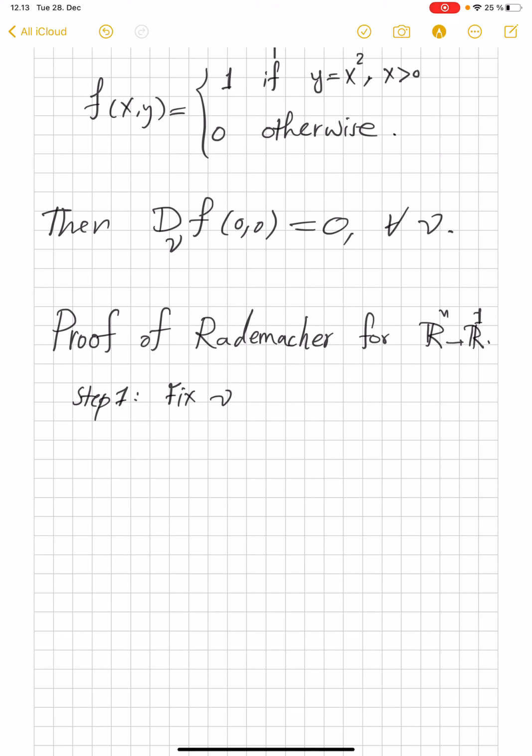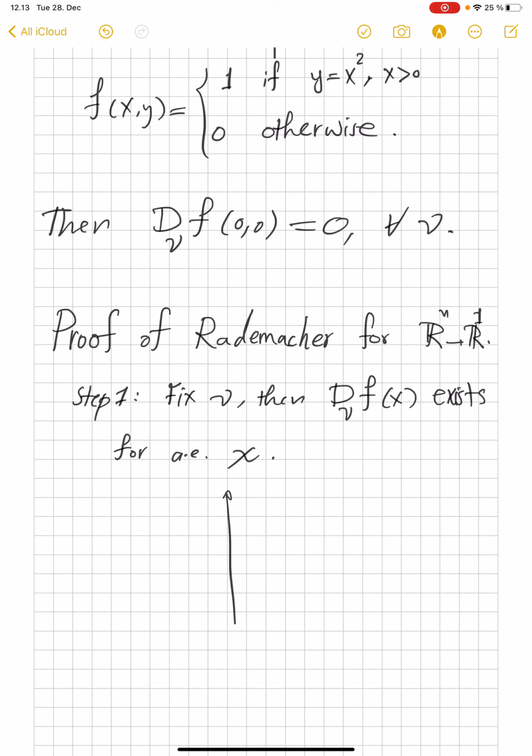You show that if you fix v, then the partial derivative in that direction exists for almost every x. Okay, and that's a beautiful application of one-dimensional Rademacher plus Fubini.